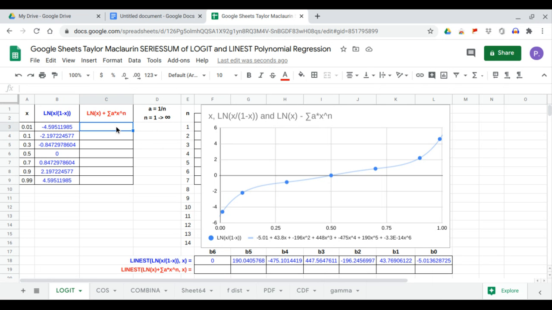So we start with the series sum. So array formula, series sum of the x values of a of the x values raised to the power.